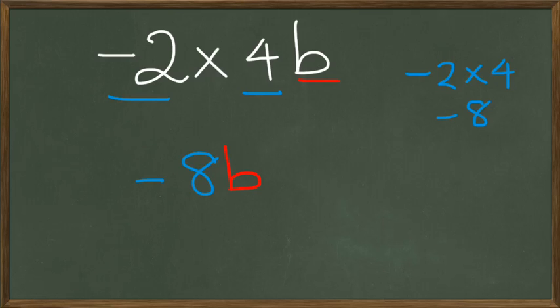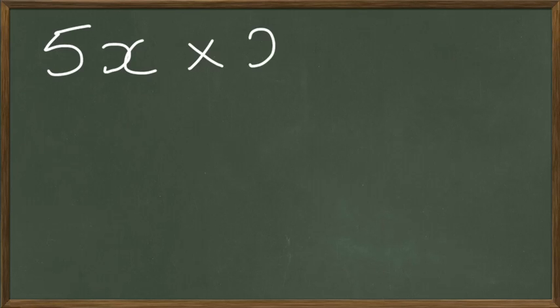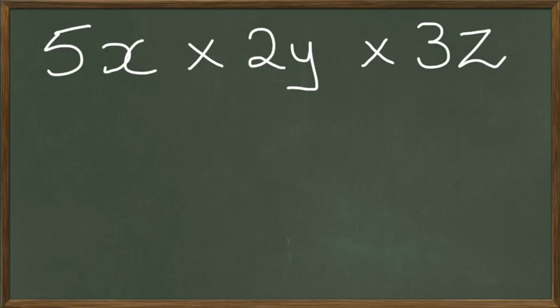So what happens if we have more than, let's say, three different types of terms? Okay, so let's say we have something like 5x times 2y times 3z. Well, what we do first is multiply all the numbers together.